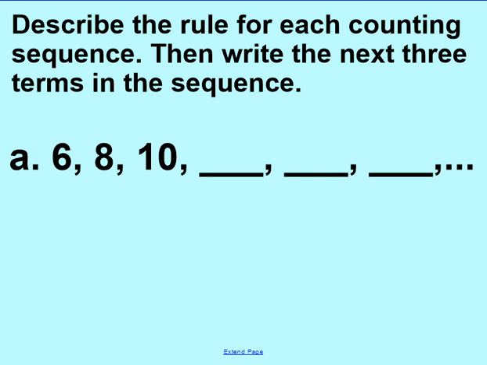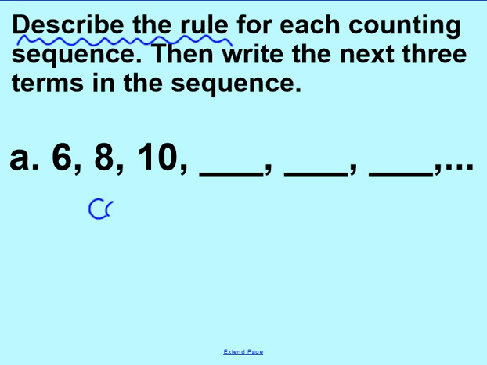The directions above letter A say to describe the rule for each counting sequence. Then write the next 3 terms in the sequence. Describe the rule. So let's look at this sequence. 6, 8, 10, blank, blank, blank. What am I counting by?